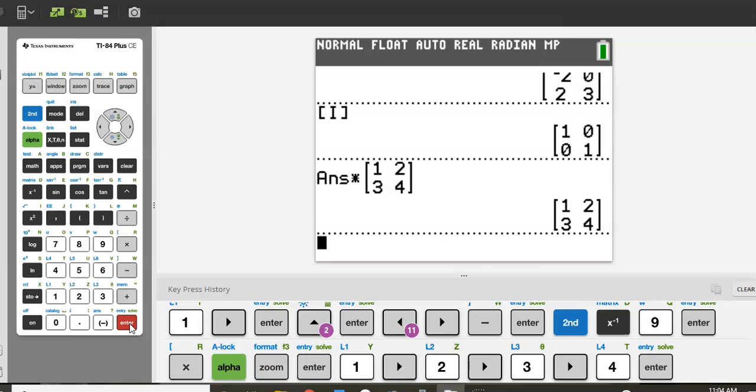It knows that it does nothing. So for multiplication, 1, 0, 0, 1 is our multiplicative identity, the multiplying identity for a matrix.